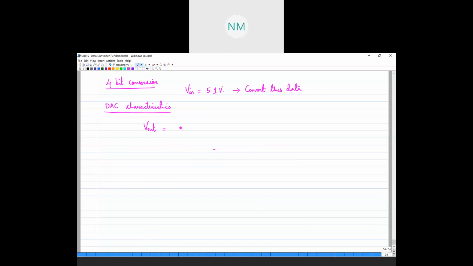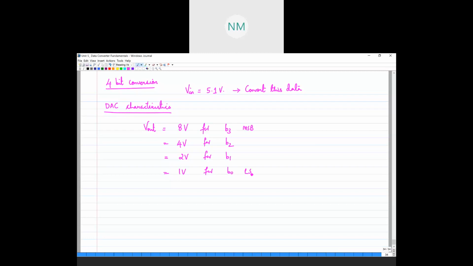The output of the DAC will be 8 volts for B3, when your MSB bit is set, and the output will be 4 volts for B2, 2 volts for B1, and 1 volt for B0.